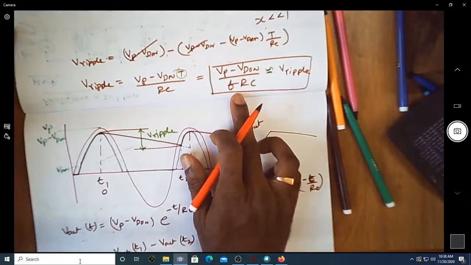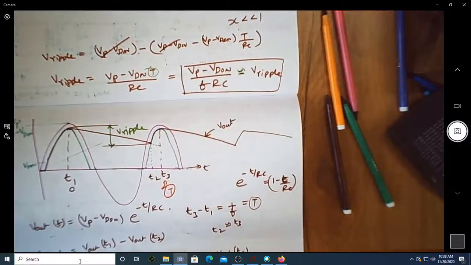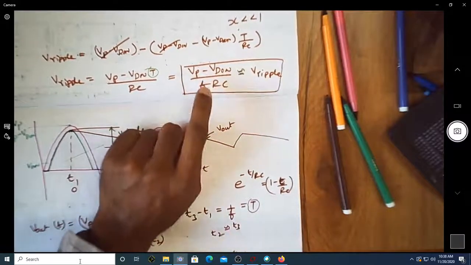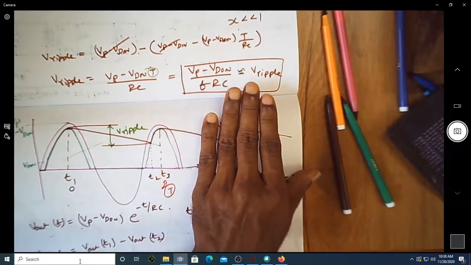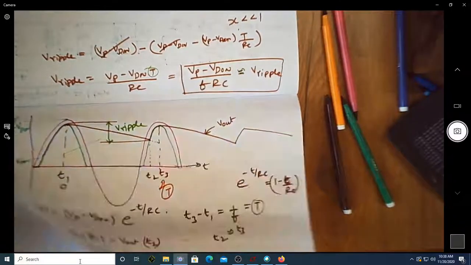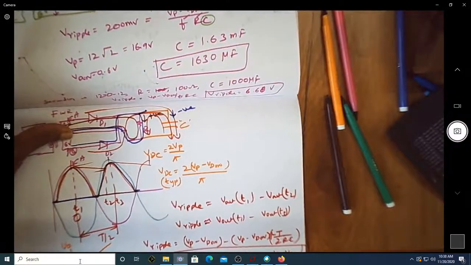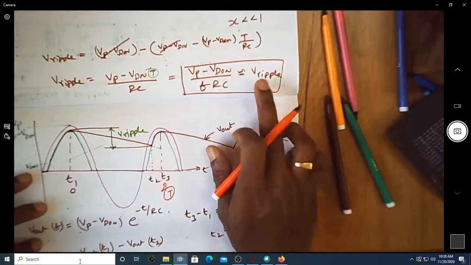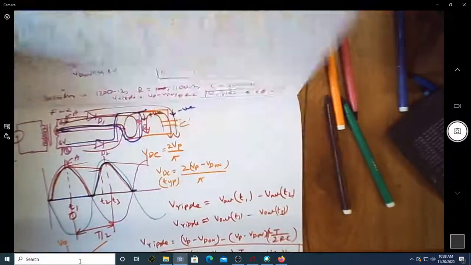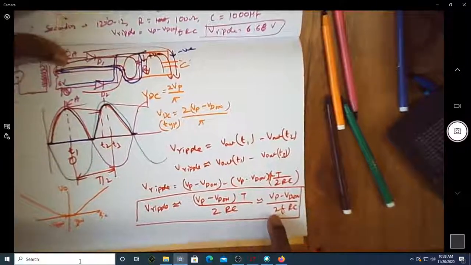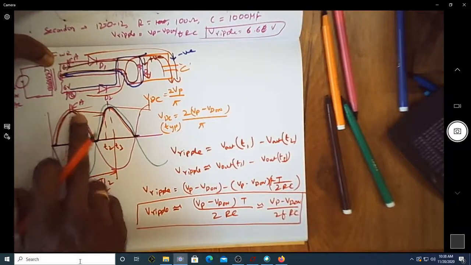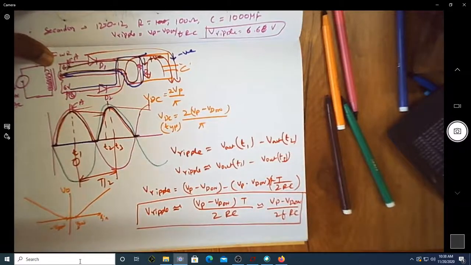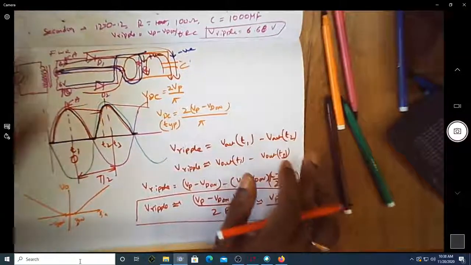So you can certainly notice that for the same peak voltage, Vd on, and the values of R, C and F, the ripple voltage of a full wave rectifier is always half of the ripple voltage of a half wave rectifier. There is a term divided by 2 here. This makes the ripple voltage of the full wave rectifier always half compared to the half wave rectifier with filter, with all the values remaining the same.